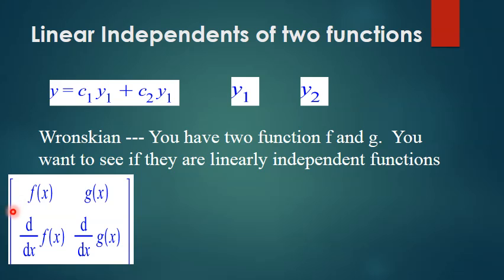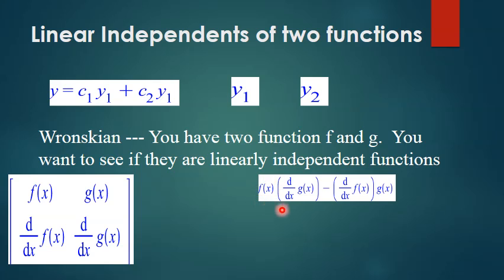Well, you set up a matrix of function f and function g, and the derivative of f and the derivative of g. The Wronskian is the determinant of this matrix. So I find the determinant by multiplying this function times this, and subtracting off this function times this. This is the expression I get here.